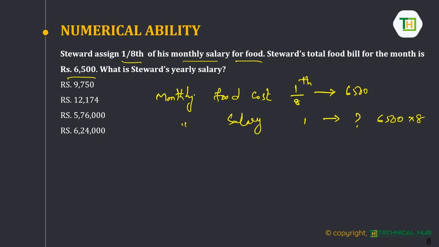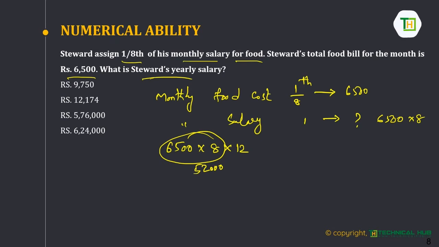But here the question is asking for the steward's yearly salary. Yearly salary is nothing but 6,500 into 8, this is monthly. If you want yearly, into 12. 6,500 and 8 times, that is 52,000. This value is 52,000.